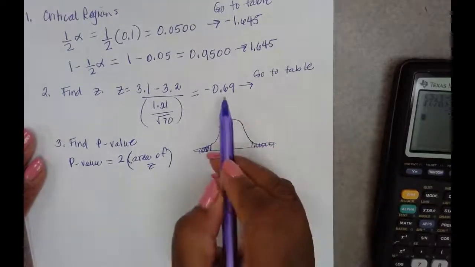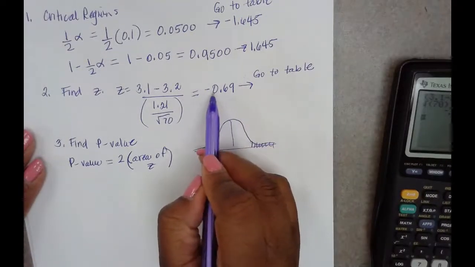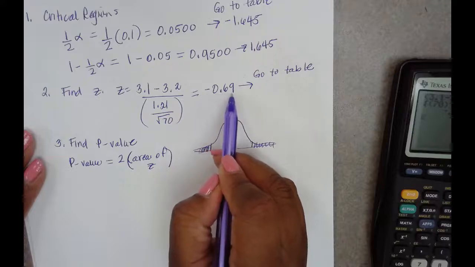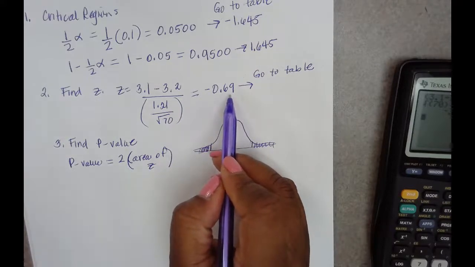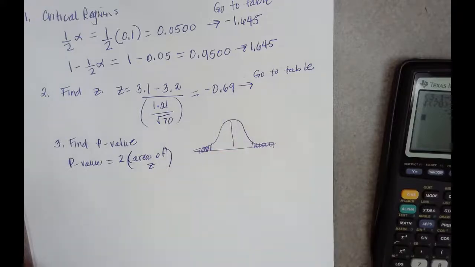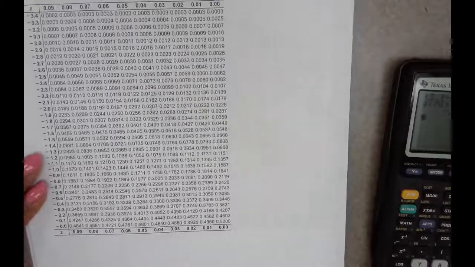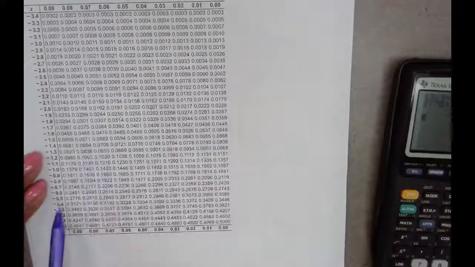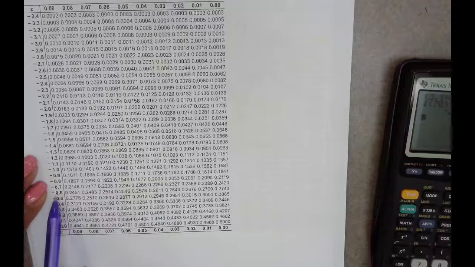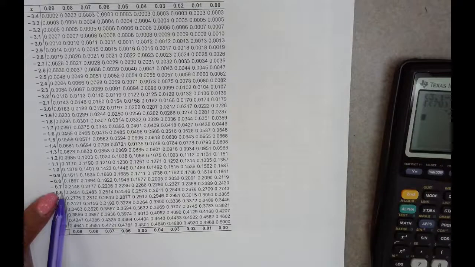At the table, I'm looking for negative 0.69, and I'm looking for the area that corresponds to that on my table. I know I got to go to the negative. Negative 0.69.